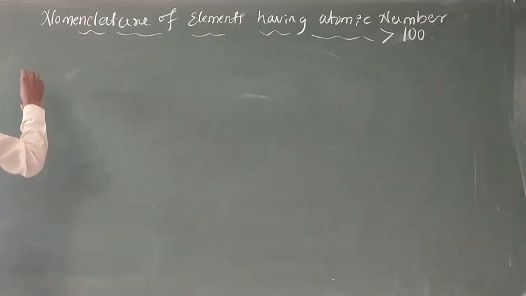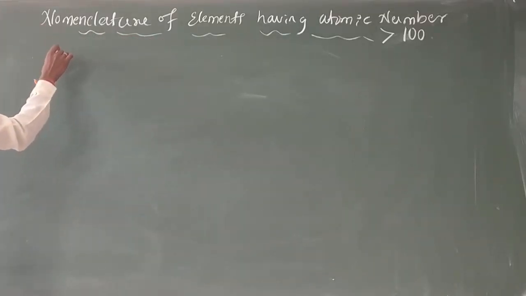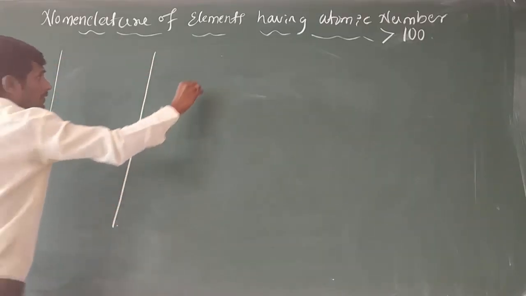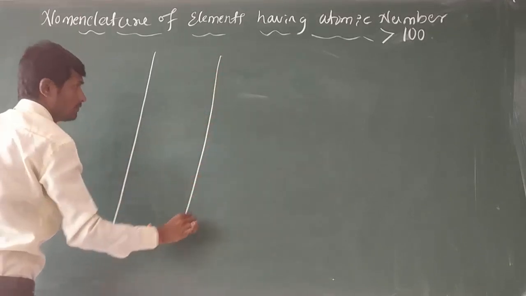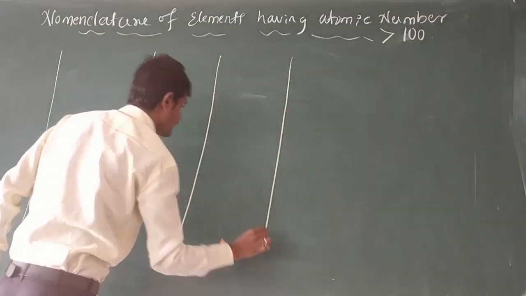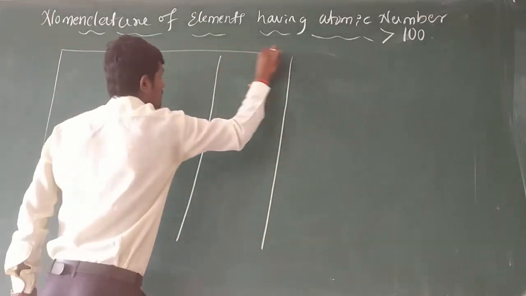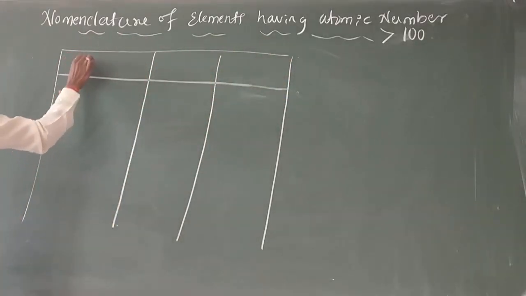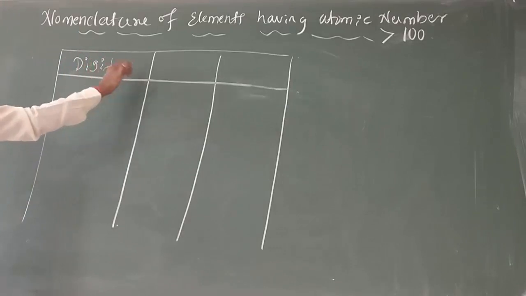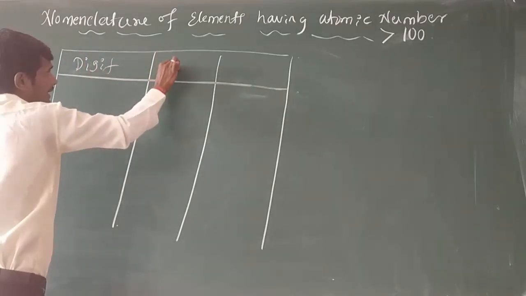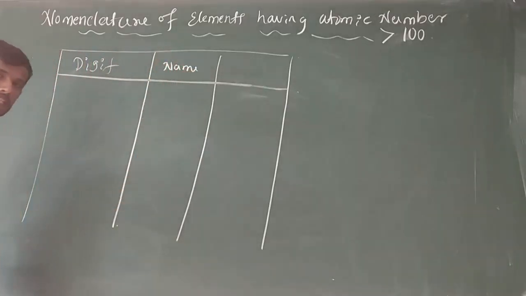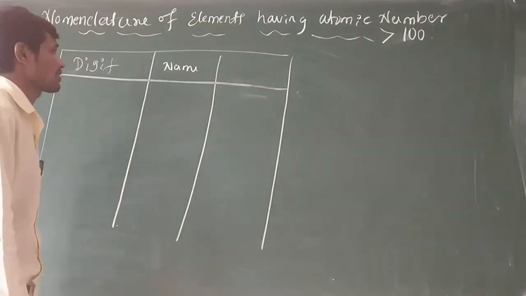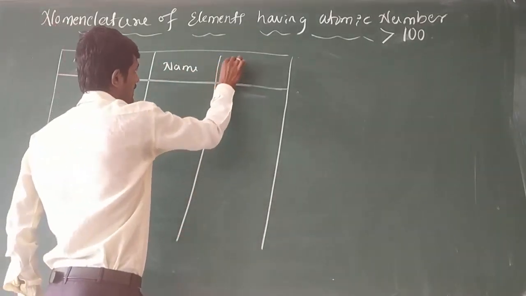Write on the board, make 3 columns. In the first column I take the digit, meaning the value, here the name, meaning the root word or part of the word used for that digit, and here I take the abbreviation.